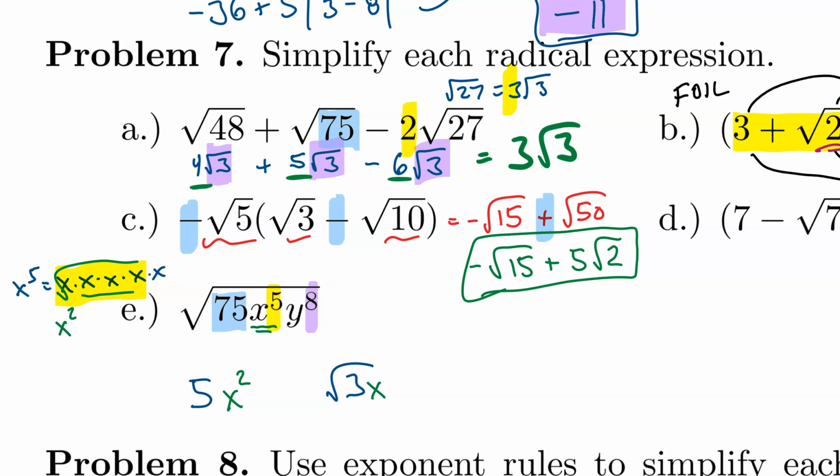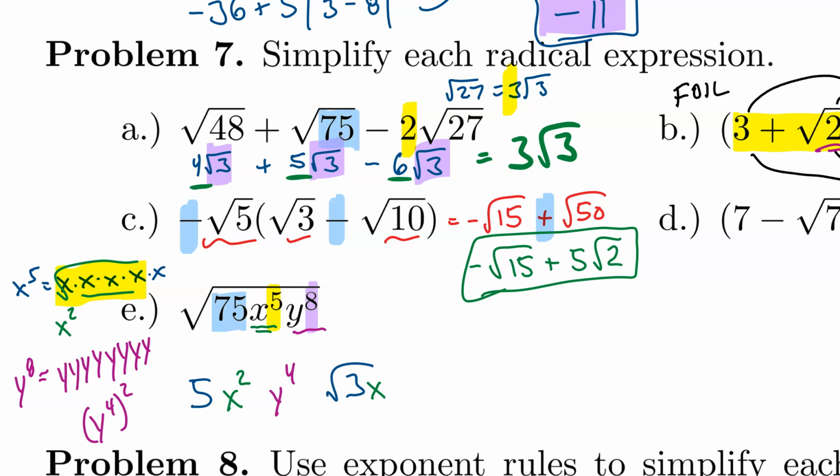So in a similar way, y to the 8th power just becomes y to the 4th power outside of the square root, because y to the 8th is y times itself 8 times. And so to write this a little more carefully, I could write this as y to the 4th squared.